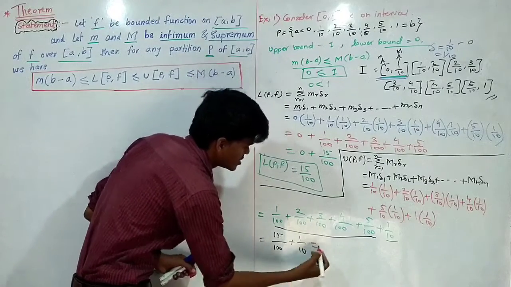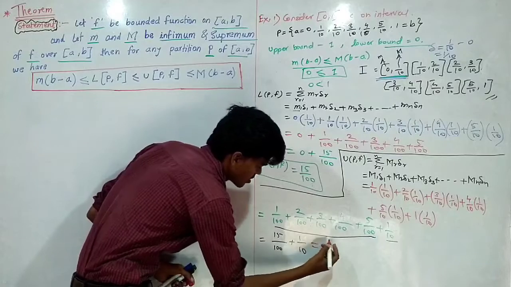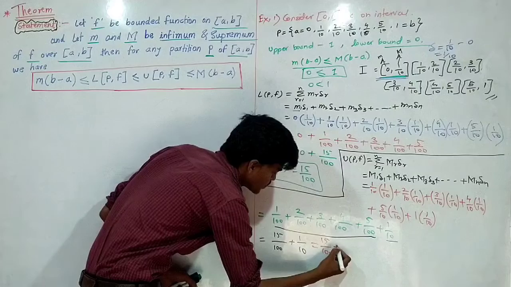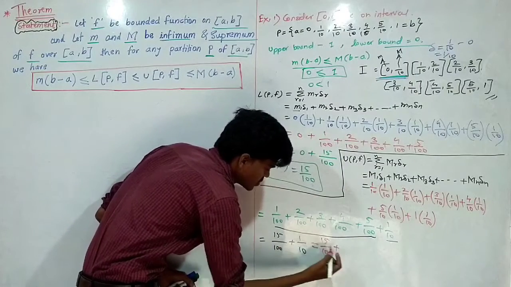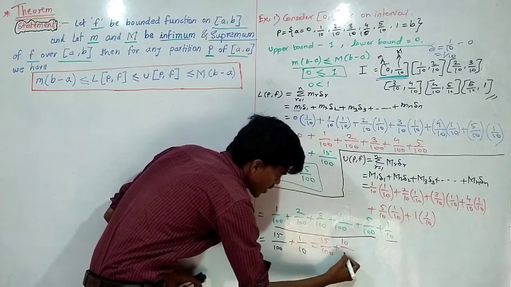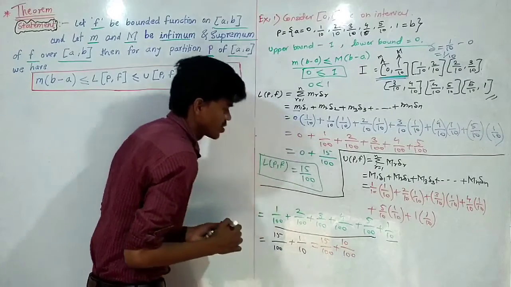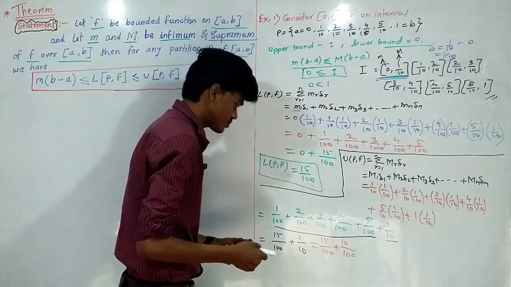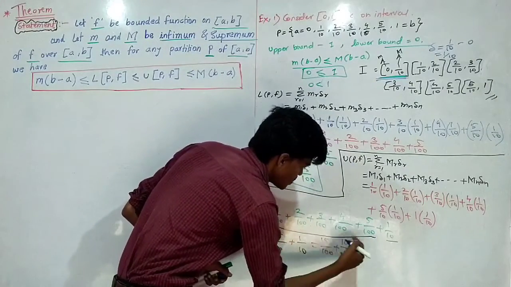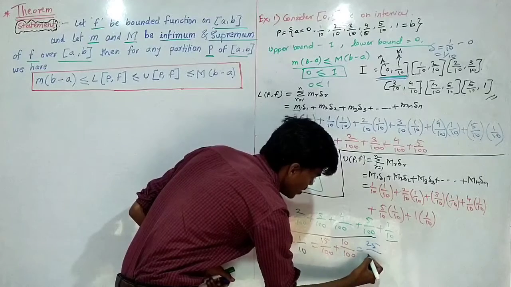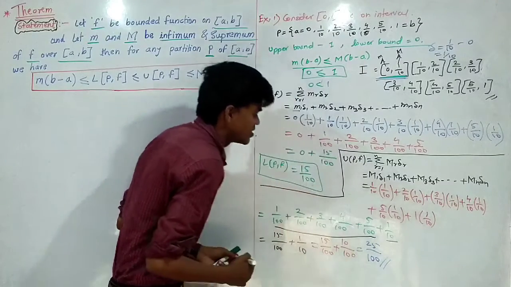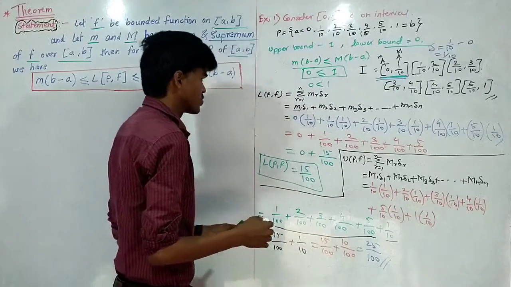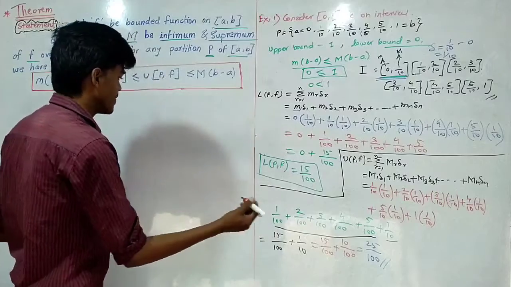Again take the LCM common: multiply this term with 10, that is 10 divided by 100. So you will get 15 plus 10, which is 25, divided by 100. So this is the value of UPF. Here we get the UPF value.